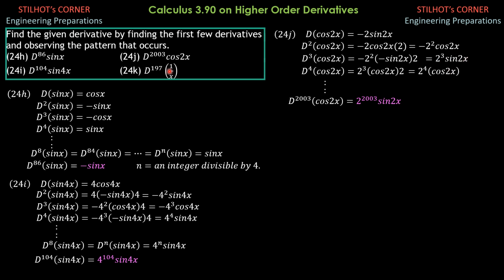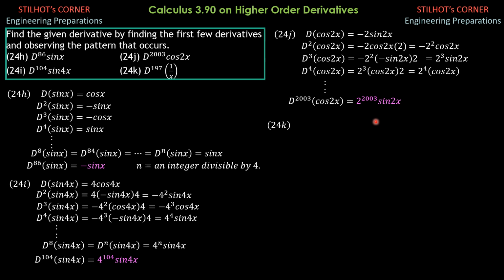Because the 2004th derivative of cosine 2x is 2 to the 2004 cosine of 2x. That means the 2003rd derivative of cosine 2x is, from here, 2 to the 2003 sine of 2x. So that's the answer.